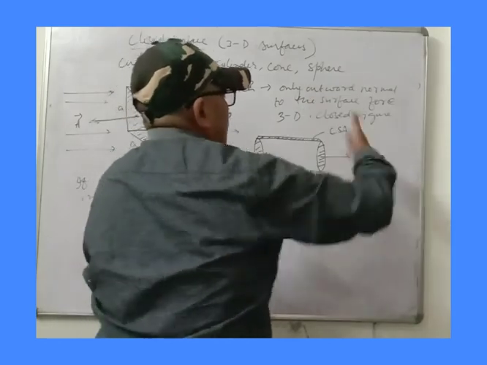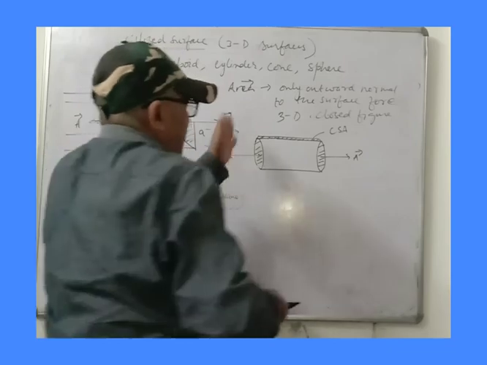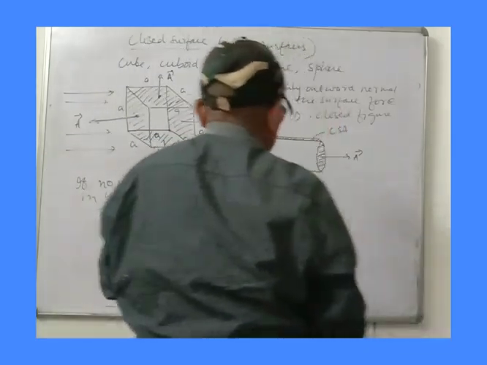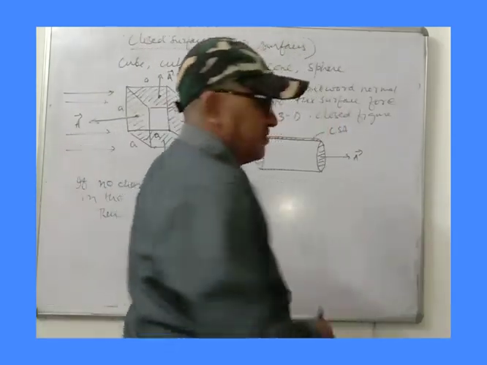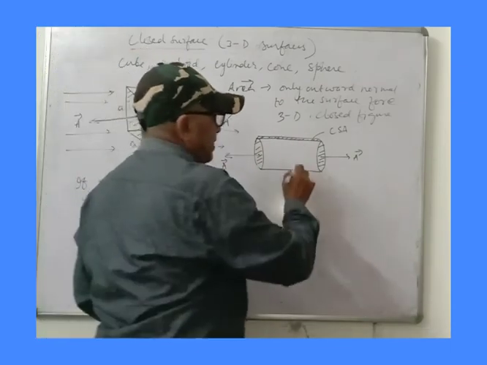This is the flat surface at this end, and this is also a flat surface at this end. So the cross surface area, the curved surface area.